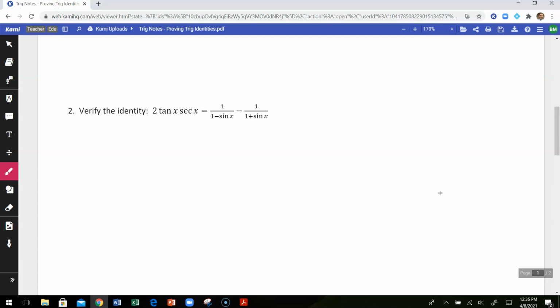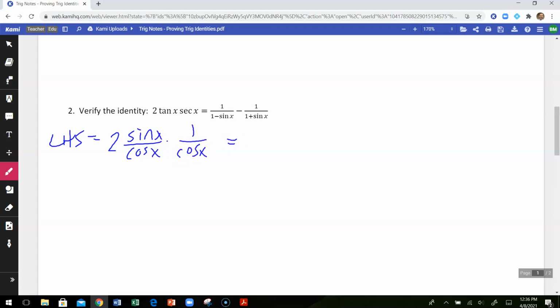And the answer is that, again, start with either one. Let's say we start with the left side, because you're like, well, I'm not dealing with sine or cosine, so I know I can do some stuff with that. So let me do that. We start with the left side. The first thing that I would do is change tangent to sine over cosine, and change secant to 1 over cosine.